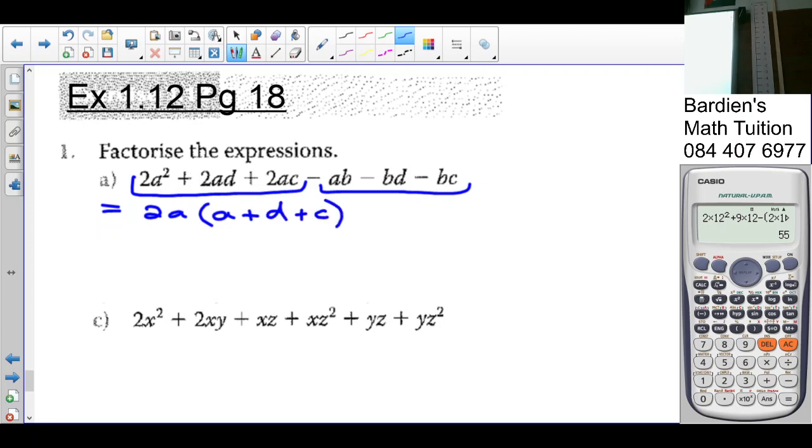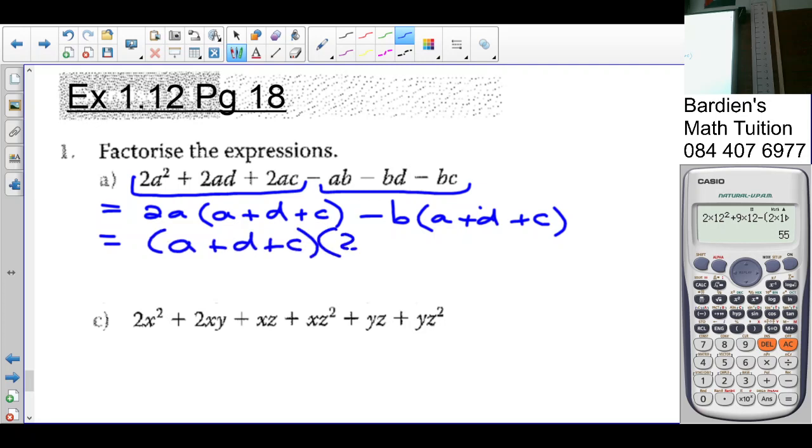What are we left with in the second lot of terms once we take out negative b as a common factor? A plus b plus c. So what's common now? A plus b plus c. What are we left with? 2a minus b. Okay, here's the next one.